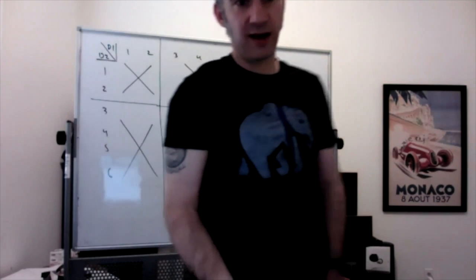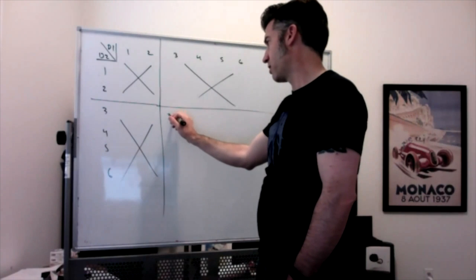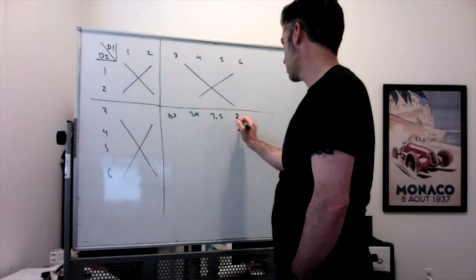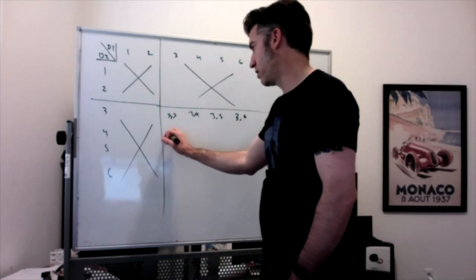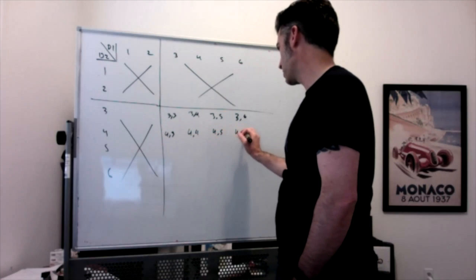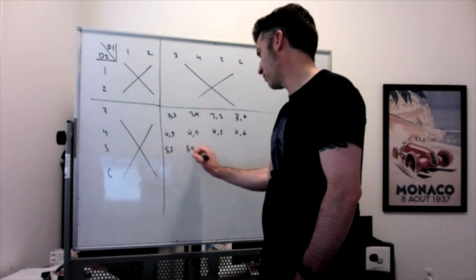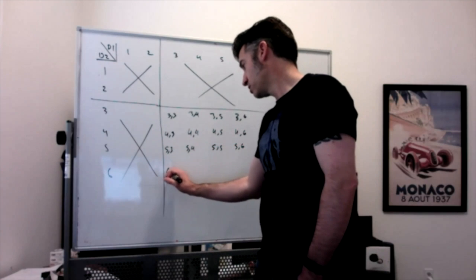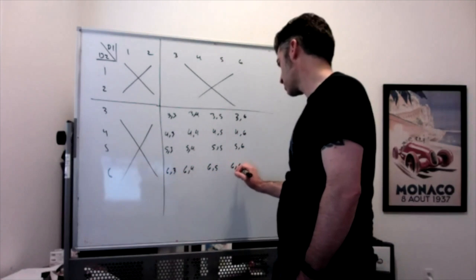It looks like this is my sample space where you have 3, 3, 3, 4, 3, 5, 3, 6, or sorry, this is my reduced sample space where you have 4, 3, 4, 4, 4, 5, 4, 6, or you have 5, 3, 5, 4, 5, 5, 5, 6, or you have 6, 3, 6, 4, 6, 5, 6, 6.